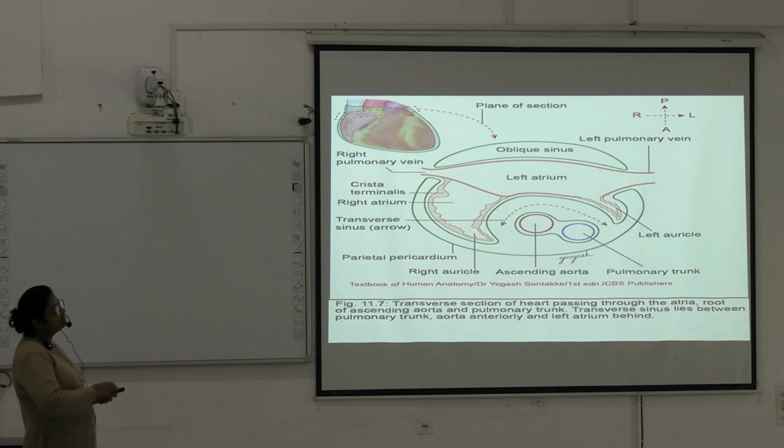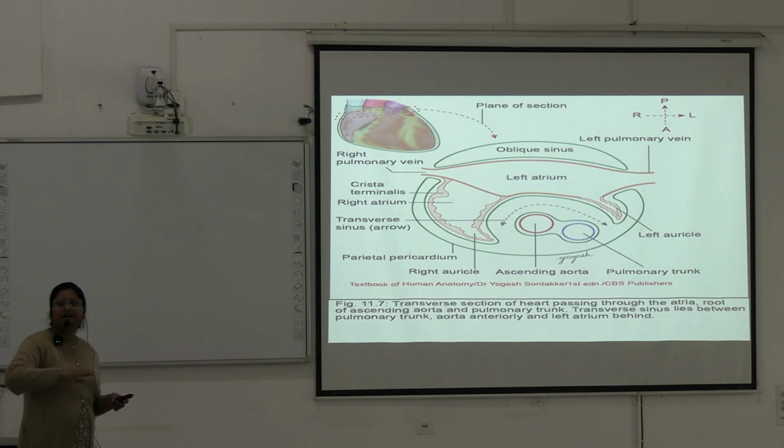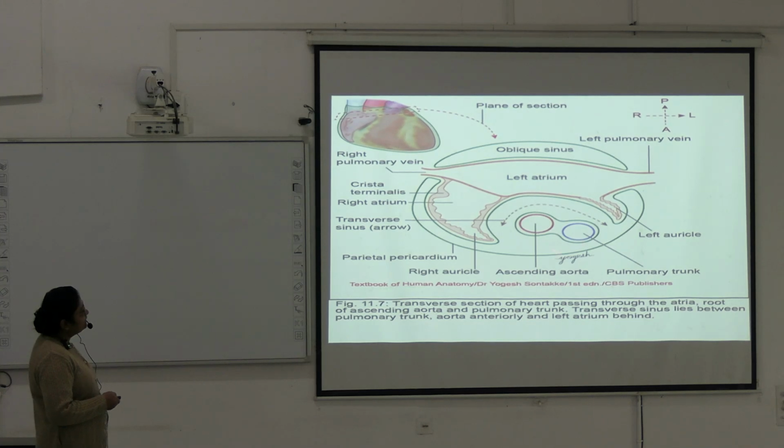See here, this is a transverse section through the heart at the level of the atrium. This is the right atrium, this is the left atrium, separated by interatrial septum. This is the arterial end, ascending aorta and pulmonary trunk. So the transverse sinus is lying posterior to the ascending aorta and pulmonary trunk, and anterior to the veins.